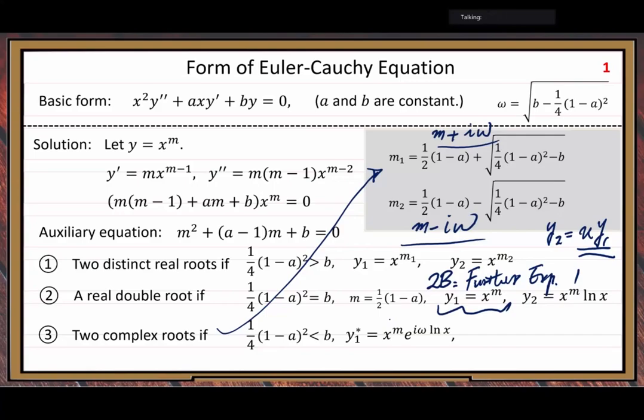Here I use y1 star, which is not our final form, just a temporary form. We can write y1 star like this: just put the complex number at the exponent location. We have y1 star and y2.